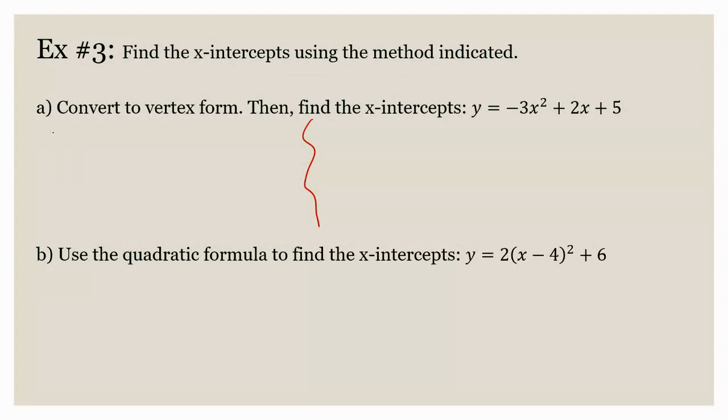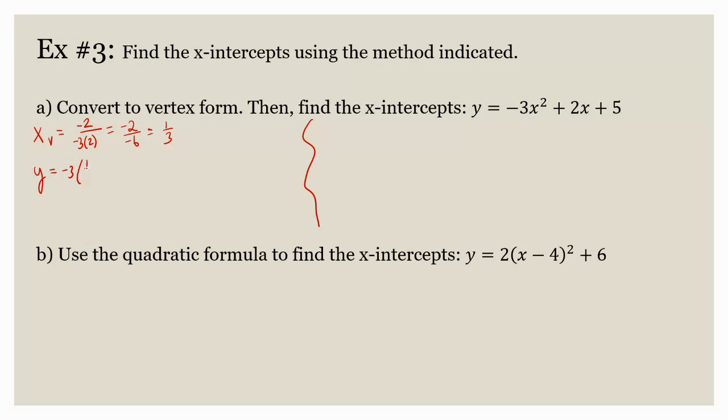I could use negative b over 2a. So I could find the x-coordinate of the vertex is negative b over 2a, which is negative 2 over negative 3 times 2, right? 2a. Sorry, I just flipped that the other way. So that's negative 2 over negative 6. That's 1/3. And then I could go ahead and plug it back in.